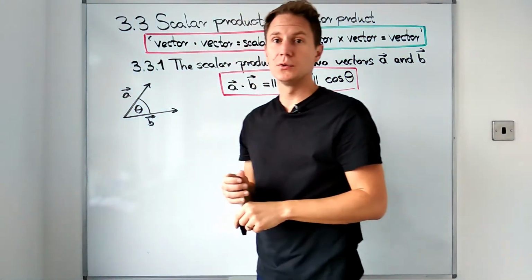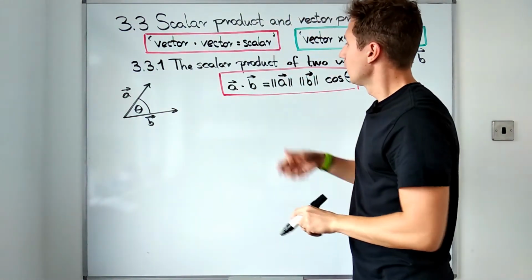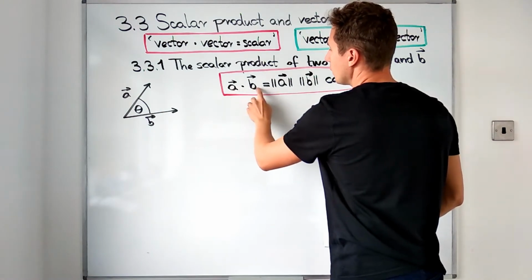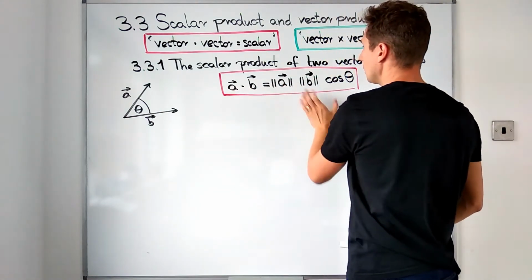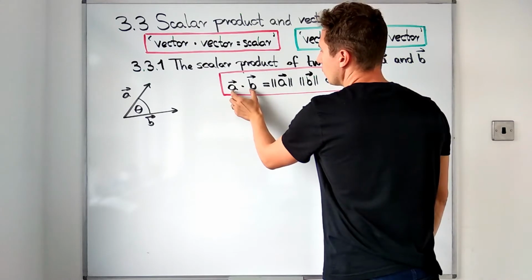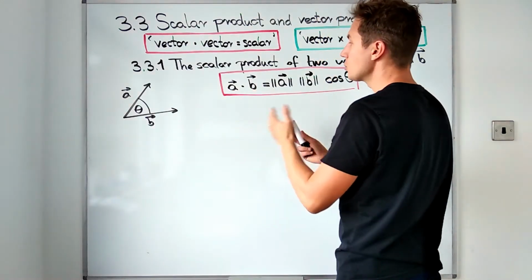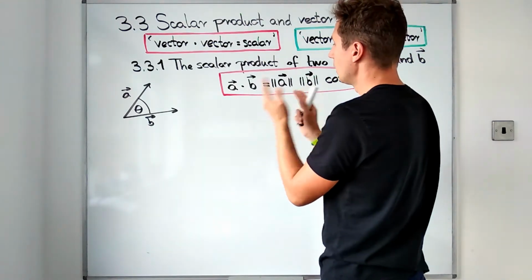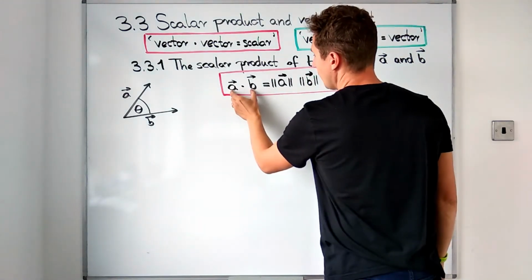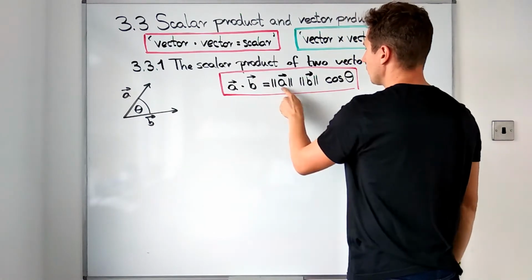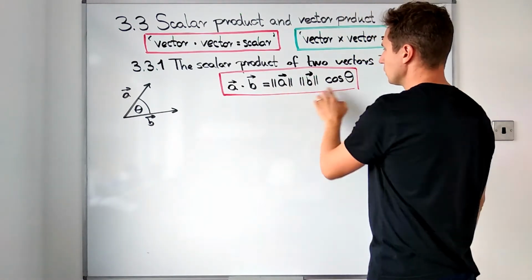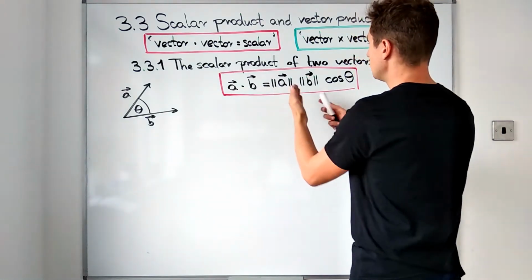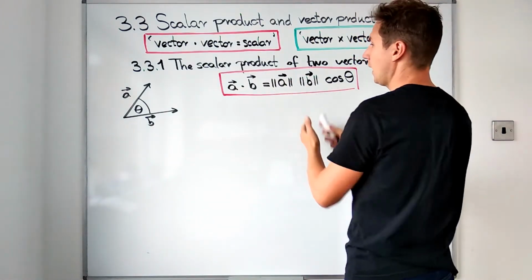Now, a few things to notice. The first one is that it doesn't depend on the order of the vectors, this formula on the right hand side. So the scalar product, just like the addition of two vectors, is commutative. You can swap the terms, the order of the terms you can change, and you still get the same number, because these things on the right hand side don't care about the order, whether it's a and b or b and a.